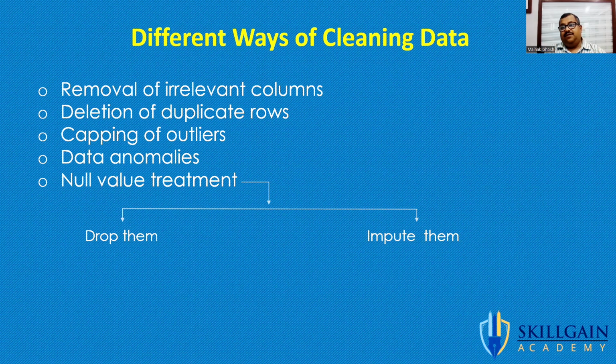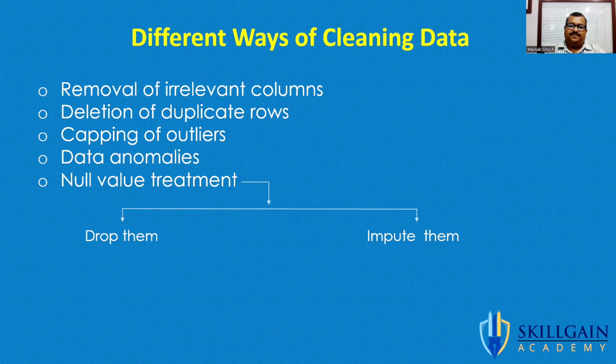Otherwise, if the null value portion is substantial, then we have to impute them, because if we delete all those null values, we face information loss to a greater extent. Instead of deleting those rows, that is, all the information, we can impute them so that other information can come to the picture.